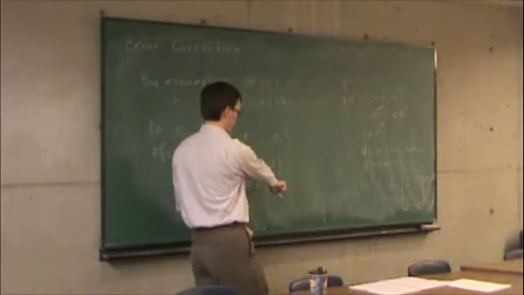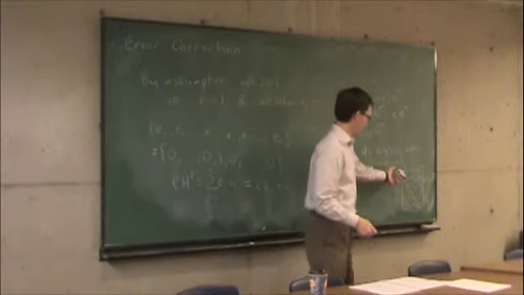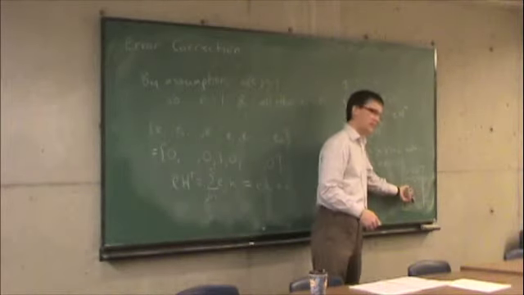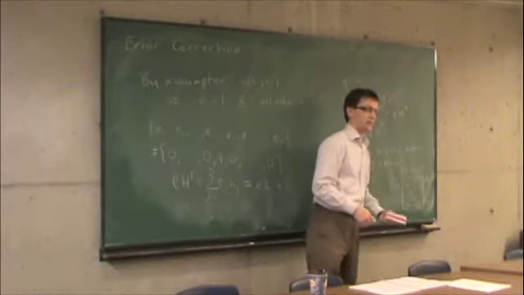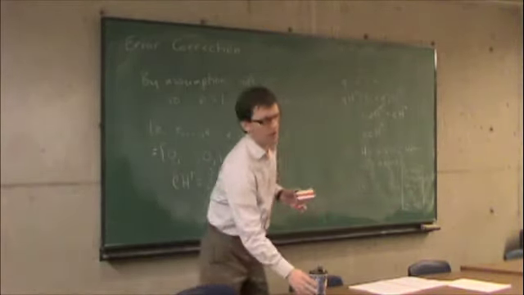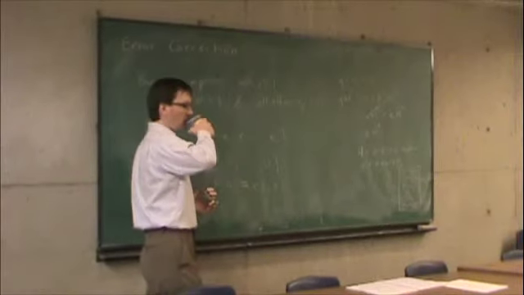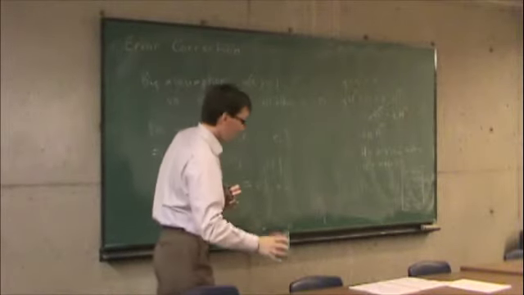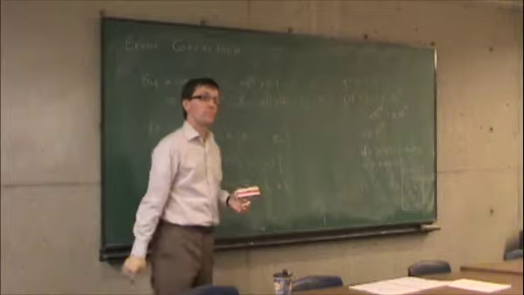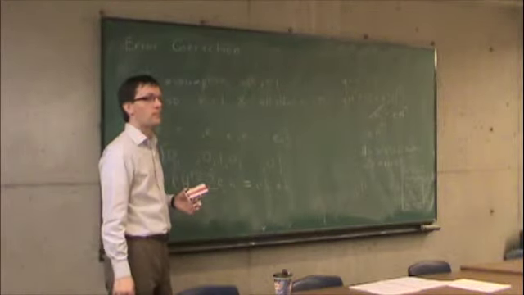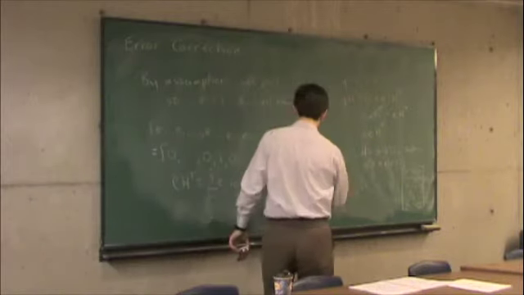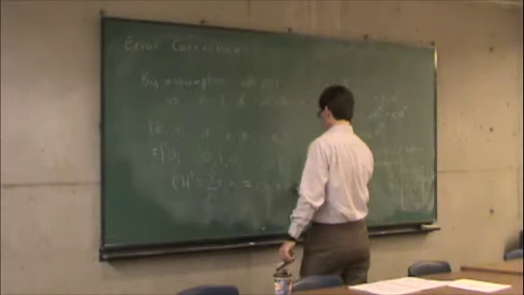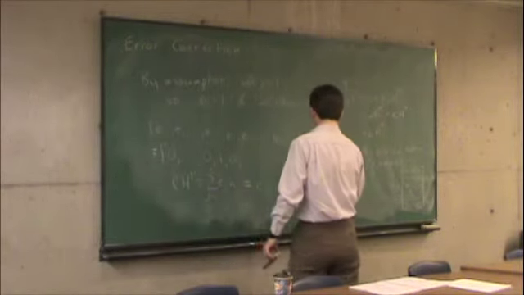So I have h_i, and I compare that to the rows here. Once I find the row that matches this, that's where my error must have occurred. Can h_i's value take anything, like it should be 1, right, in this case? It's actually a vector. Oh, I see, okay. So h_i is a 1 by n minus k vector.